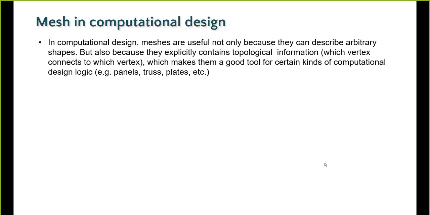Their vertices and mesh faces make up a topology of how things are connected. And so we can use that information to get more information out, or to know what things are next to each other. That also helps us determine things like the direction of the mesh and the normal of the mesh, and it makes them really useful as control geometry.